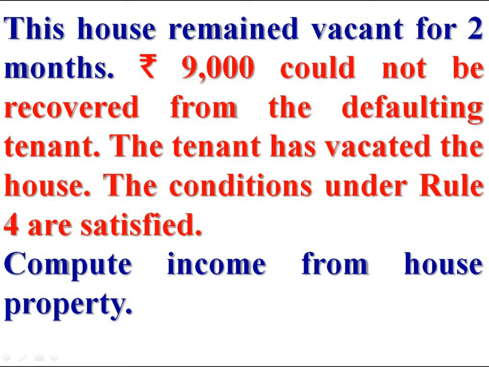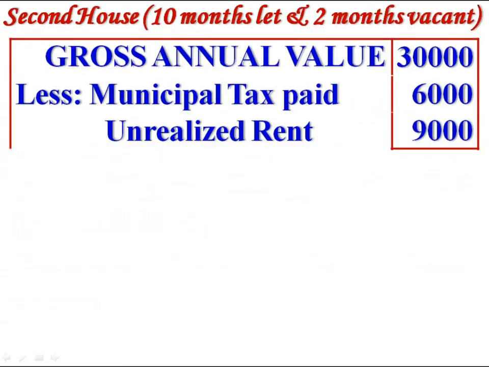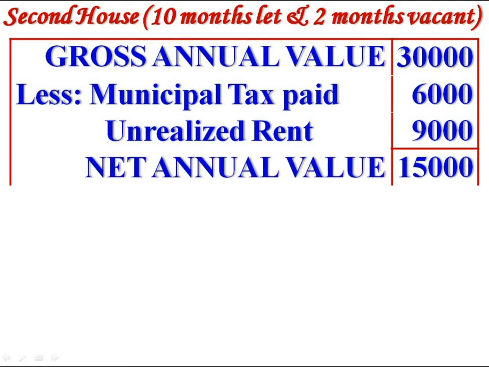The tenant has vacated the house and the conditions under Rule 4 are satisfied, so the unrealized rent rupees 9,000 is deductible from gross annual value. Deduct rupees 6,000 and 9,000 from gross annual value, we get rupees 15,000. It is net annual value.